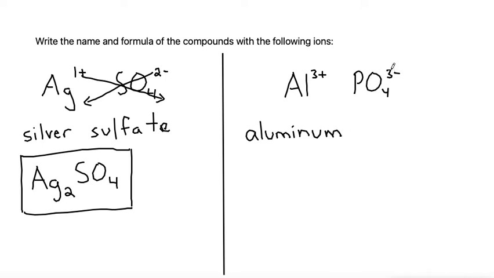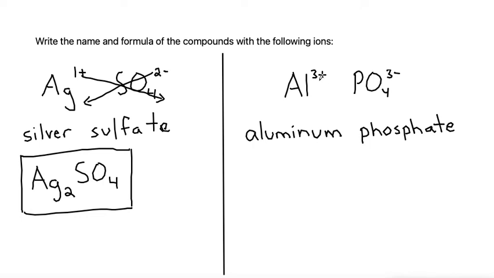And then PO4 3 minus is the polyatomic ion phosphate. So the name of this compound is aluminum phosphate.